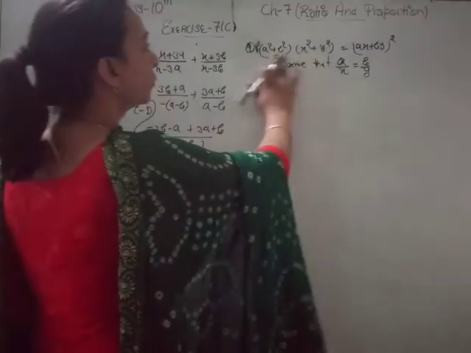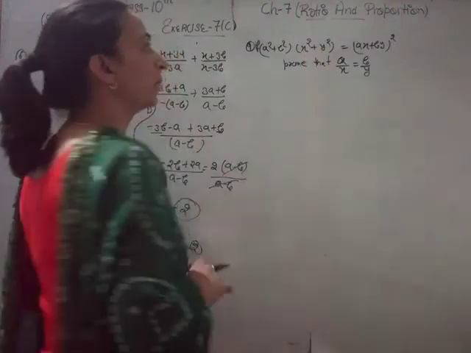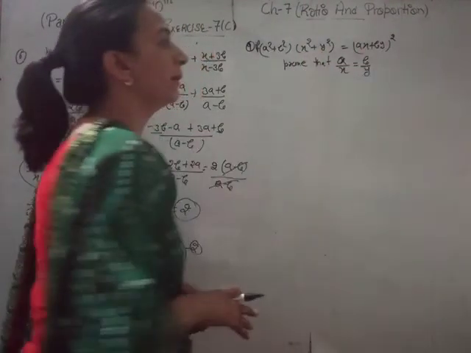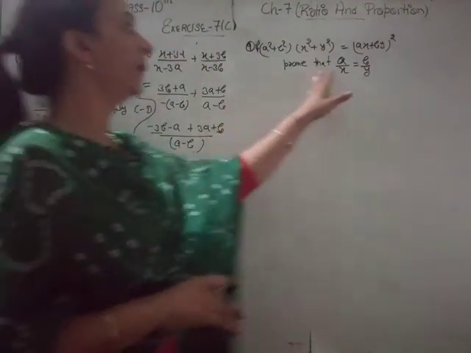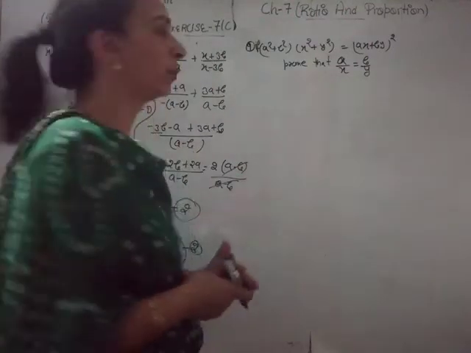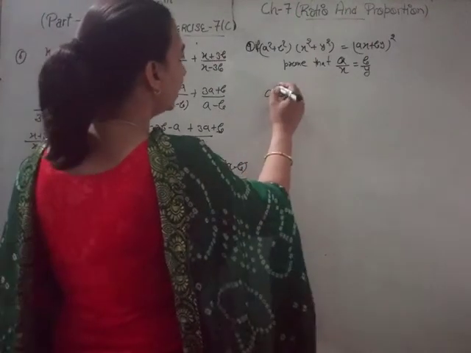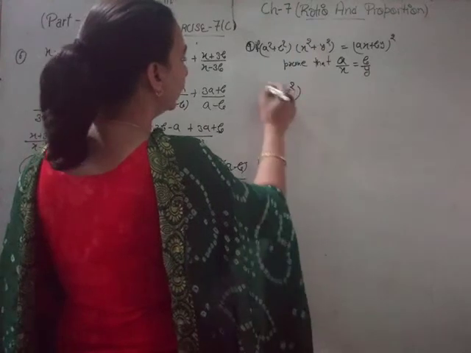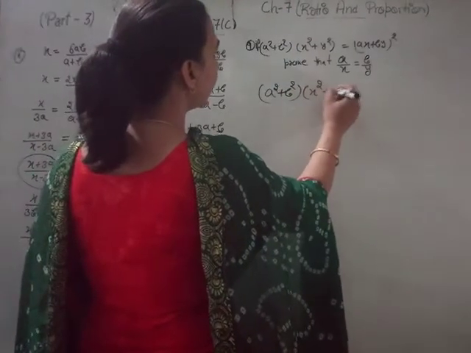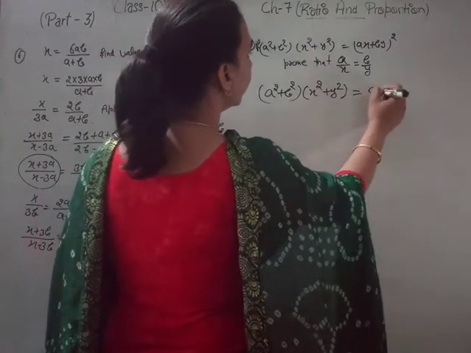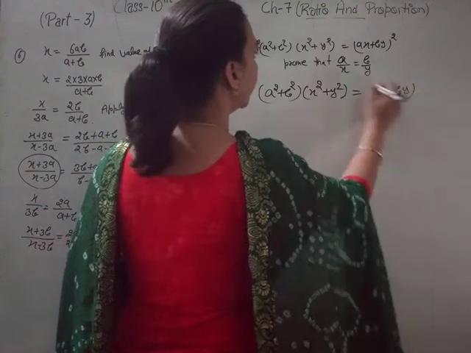Okay, next question, question number 9. If (a square plus b square) into (x square plus y square) equal to (ax plus by) whole square, then prove that a by x equal to b by y. Okay, then first we take (a square plus b square) multiply (x square plus y square), then this equal to (ax plus by) whole square.